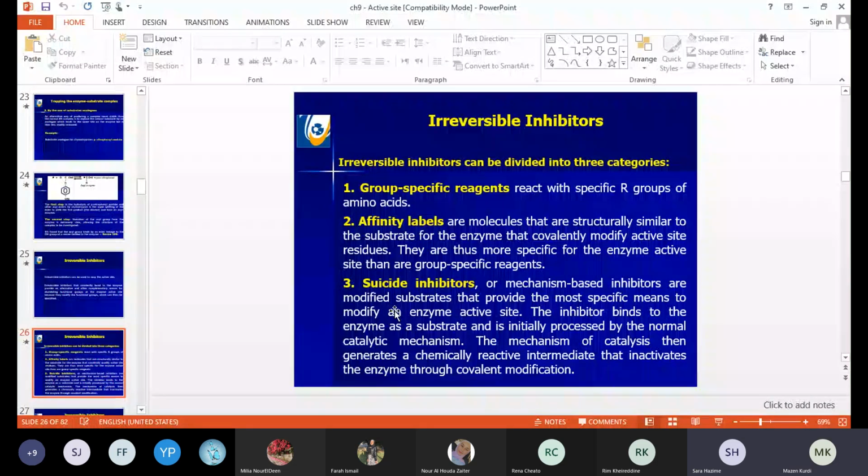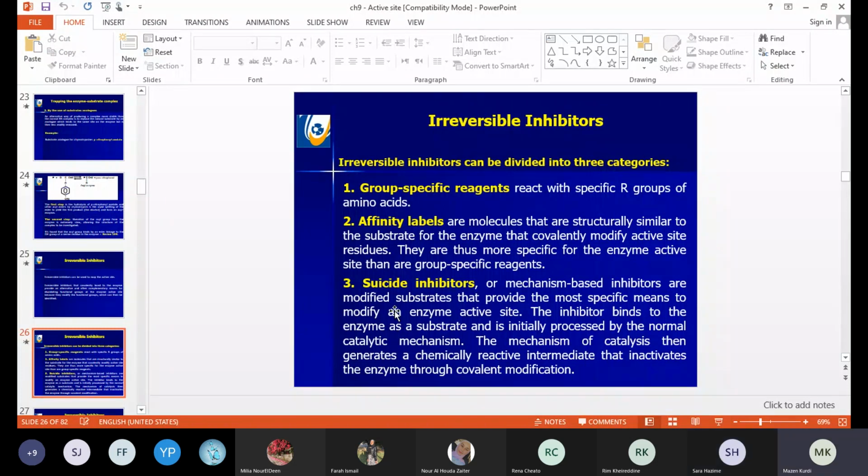They are more specific to the enzyme active site than the group-specific reagents. If I put a group-specific reagent as an inhibitor in my medium, it will interact with the side chain of any amino acid it reacts with. However, the affinity labels have similarity with the substrate itself, so they make a covalent bond in place of the substrate in the active site. They are more specific to the enzyme itself because we are talking about substrate-like molecules.